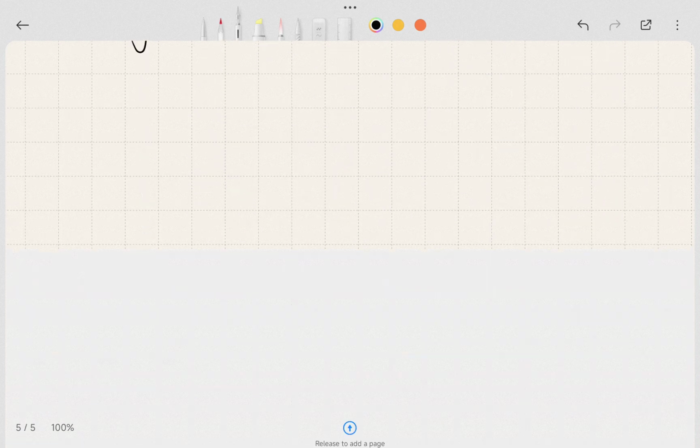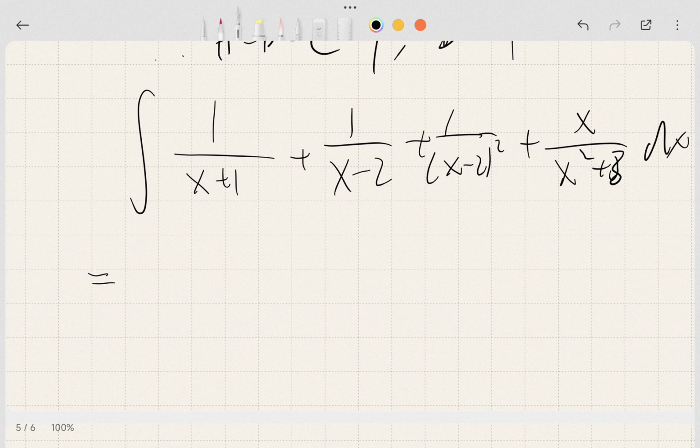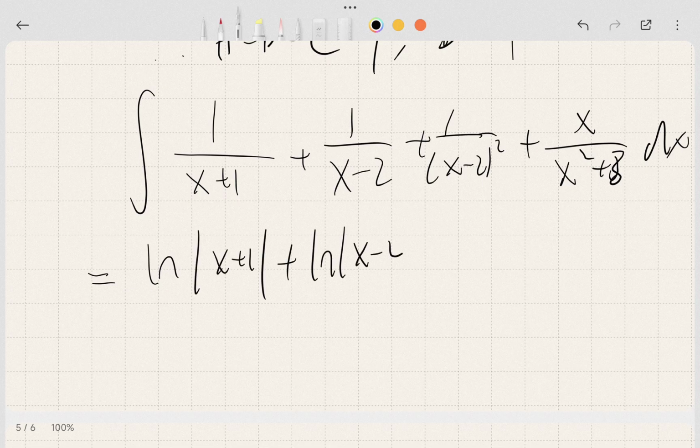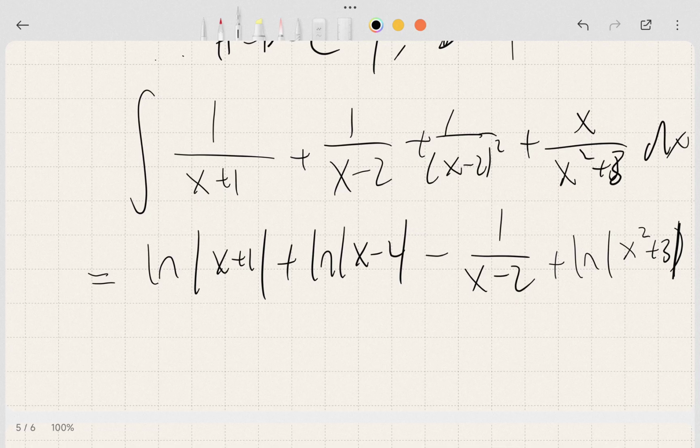So tidying things up, we get ln of x plus 1 plus ln of x minus 2 plus, actually, minus 1 over x minus 2 plus, so 2x ln over x squared plus 3, that's going to be 2x, so divide by 2. Plus k here, plus k.